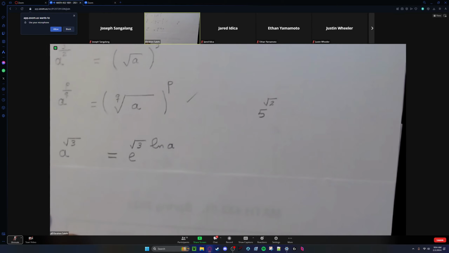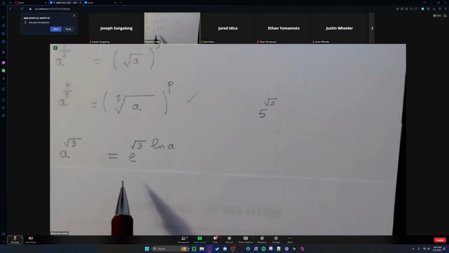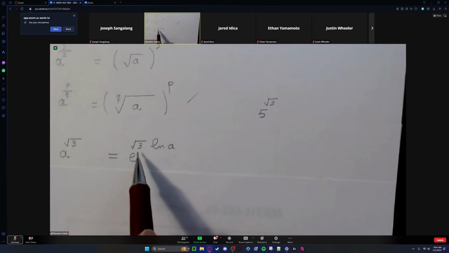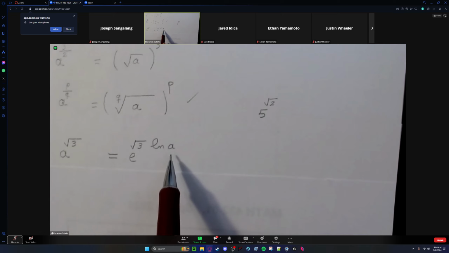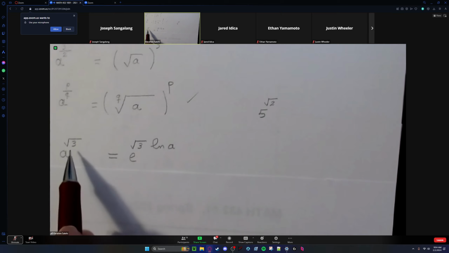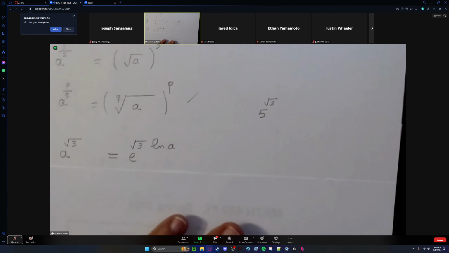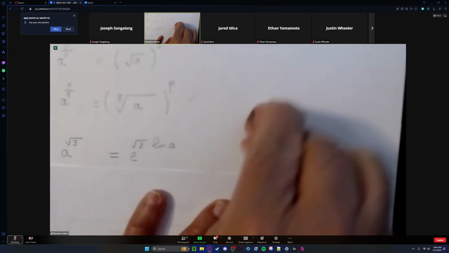Well, after learning about exponential function, here is what we did. We define a to the square root of 3, or any irrational number, to be this. The square root of 3 times logarithm of a in the exponent.